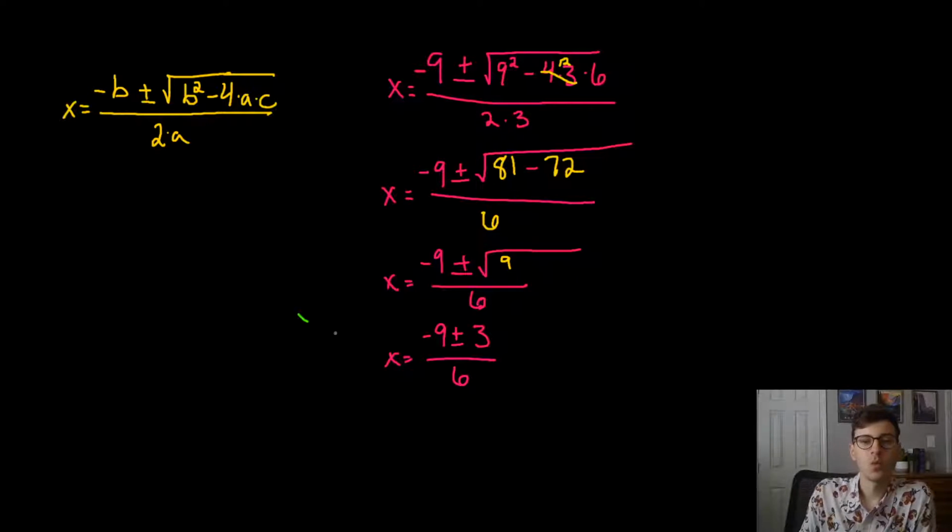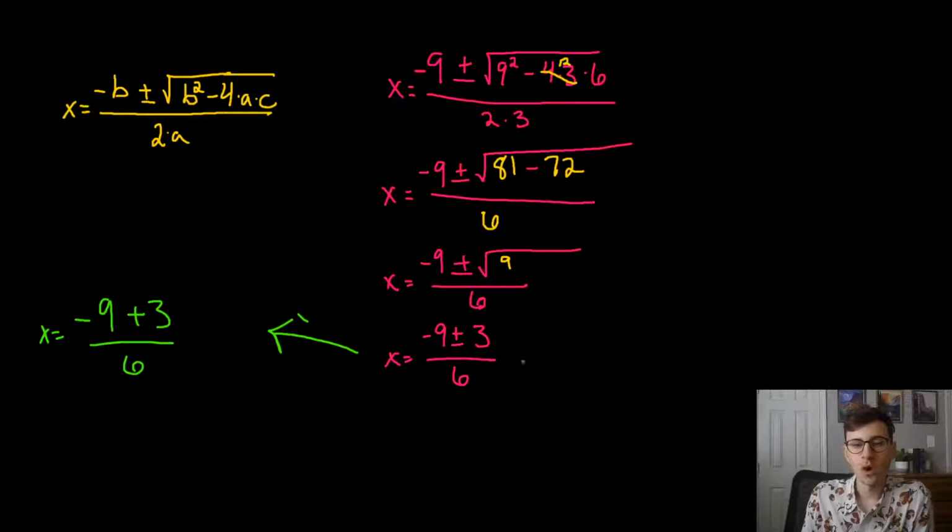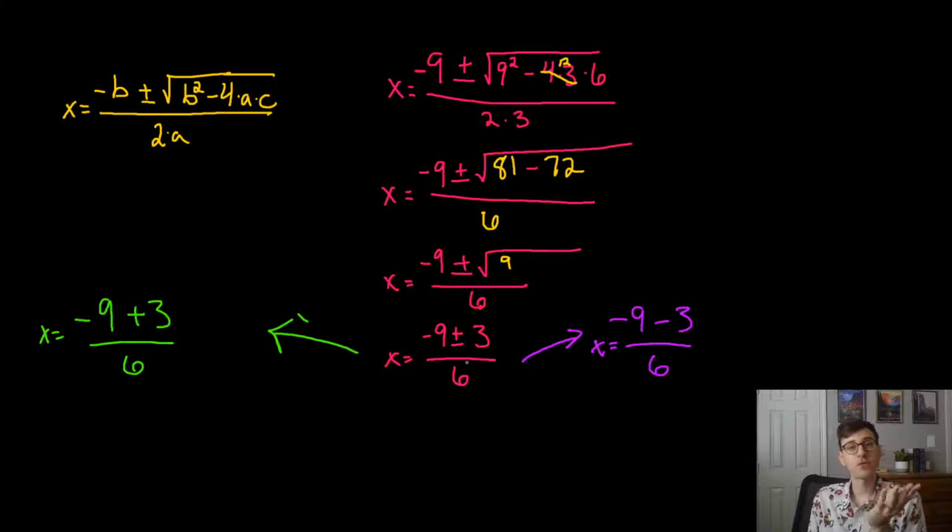One direction would be the plus sign: x equals negative 9 plus 3 divided by 6. Or I could go in the minus direction: negative 9 minus 3 divided by 6. X could be either of those things. Remember, like when we talked about the zero product property, we don't know which of these values x will be, but x could be either of them.